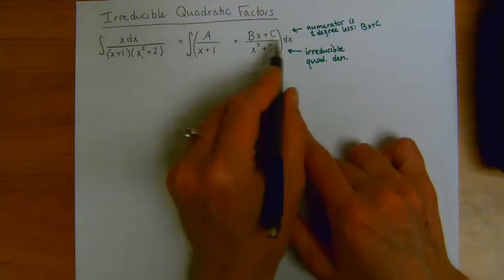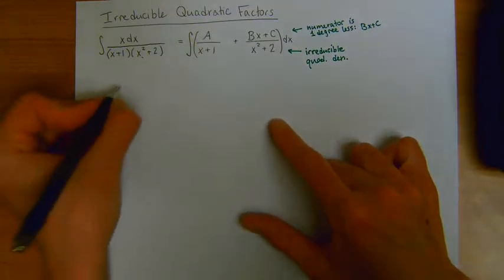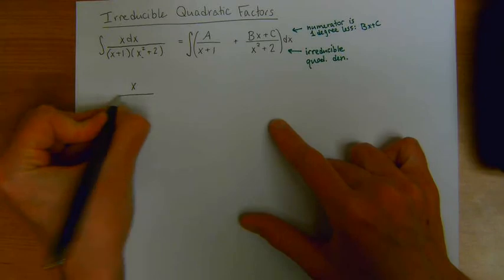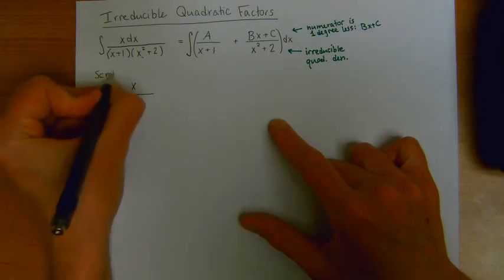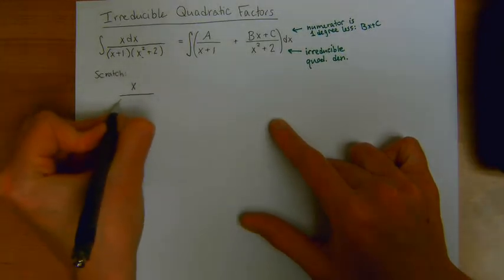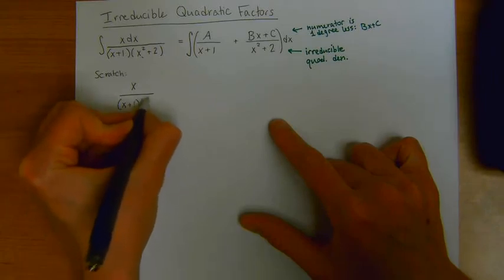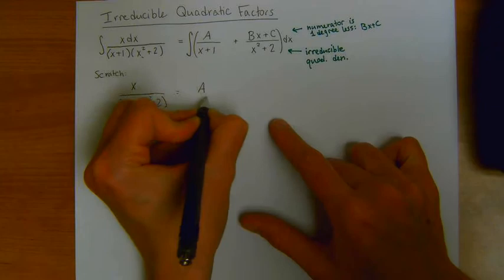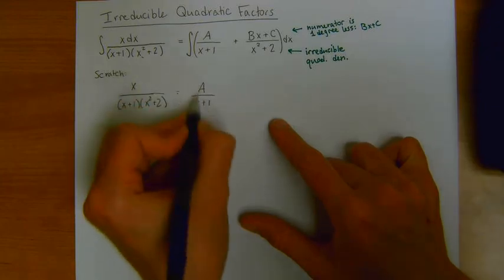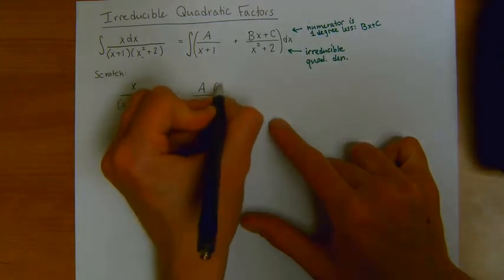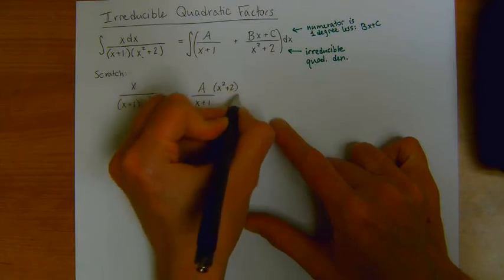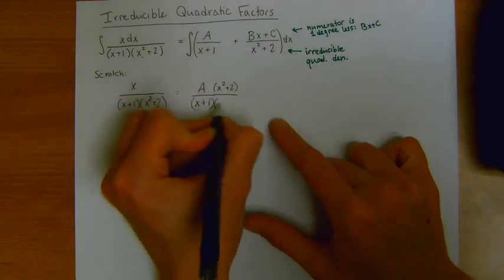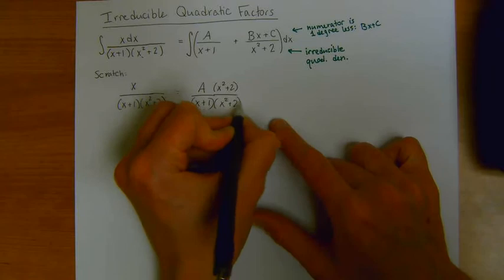So let's go ahead and get common denominators. This is my scratch. I'm not integrating here, I'm just getting my partial fractions. I'm not going to do as much in my head this time. This is a divided by x plus 1, and I'm going to multiply it by x squared plus 2 divided by x squared plus 2.